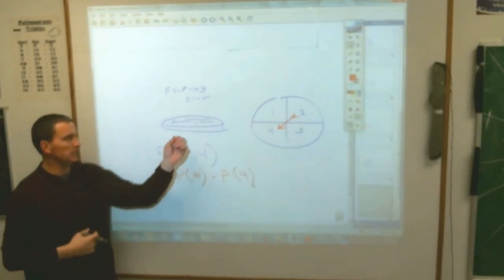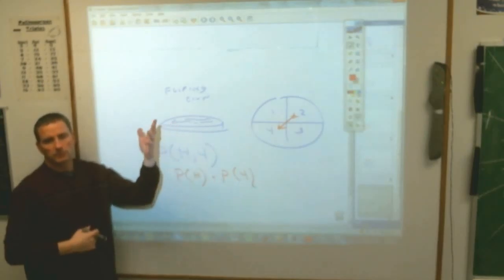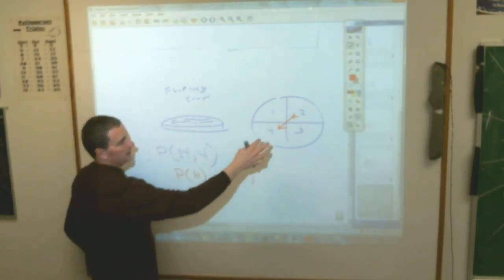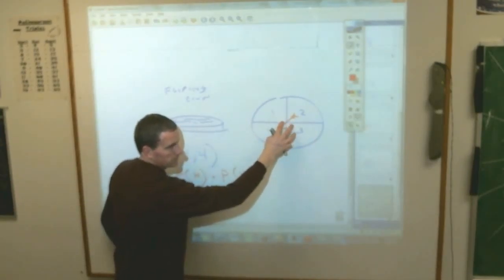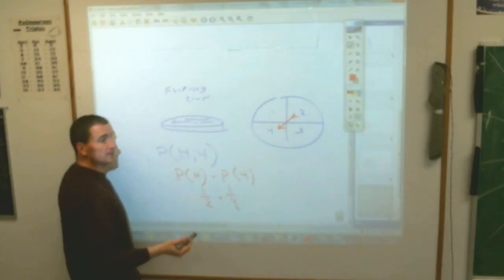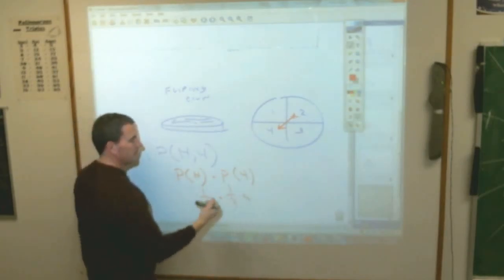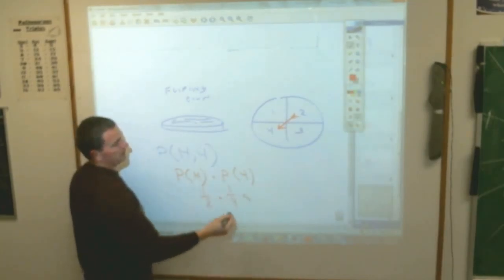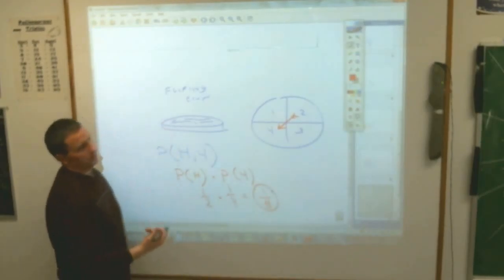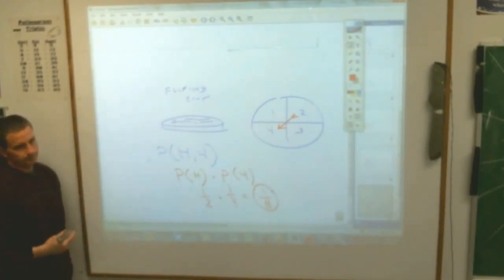What is your probability of flipping a head? 1 out of 2, right? What is your probability of spinning a 4? 1/4. So the probability of both of those happening back to back would be 1/8. 1 out of 8 times you should flip a head and spin a 4.